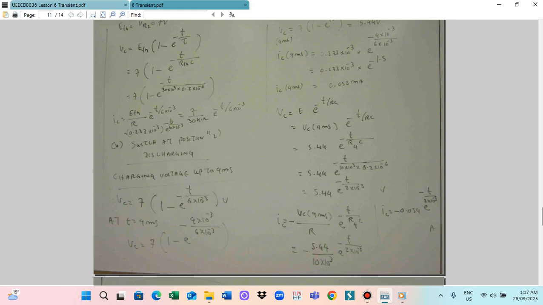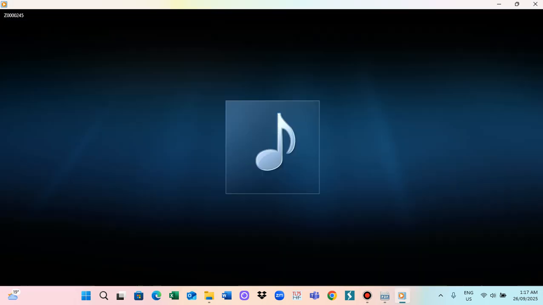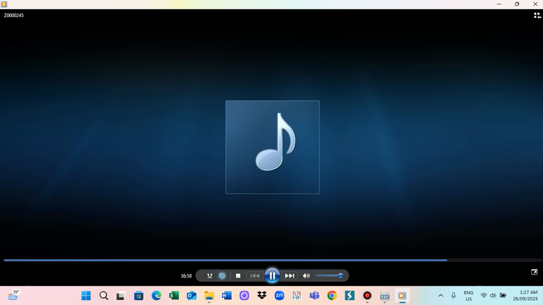Then you get the current IC, which is minus 0.054 into 10 power minus 3. So IC is minus 0.054 e power minus T divided by 2 into 10 power minus 3 ampere.